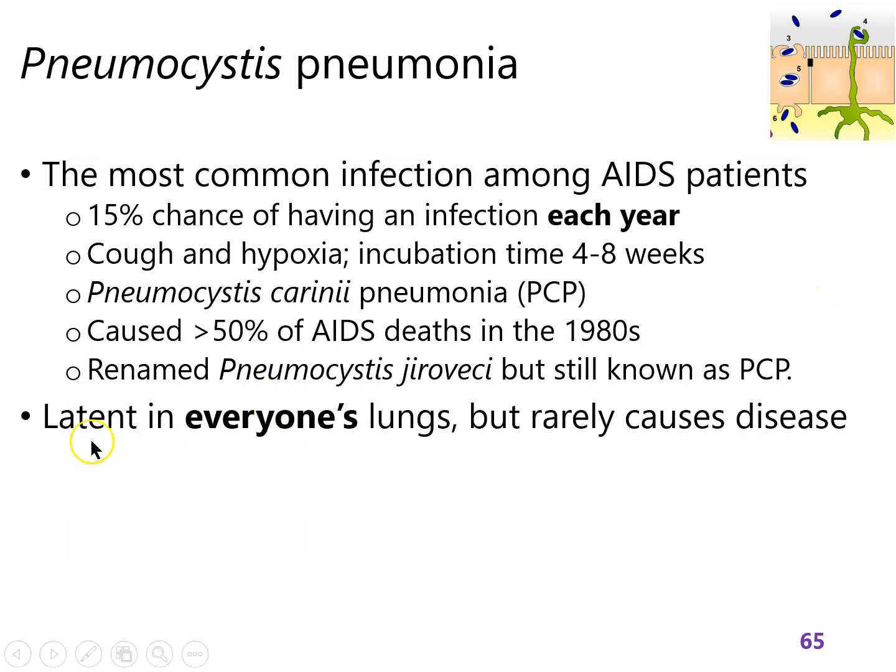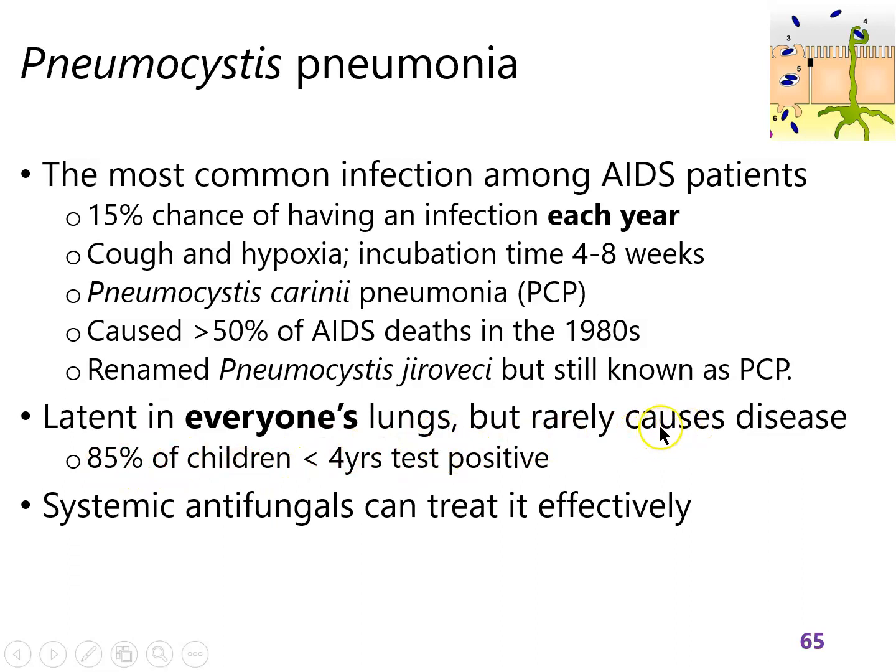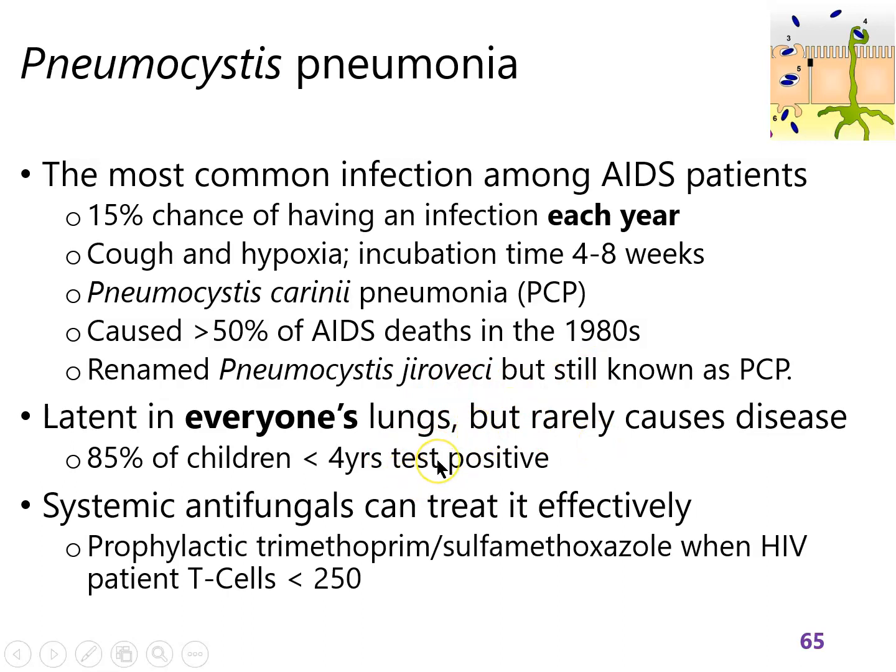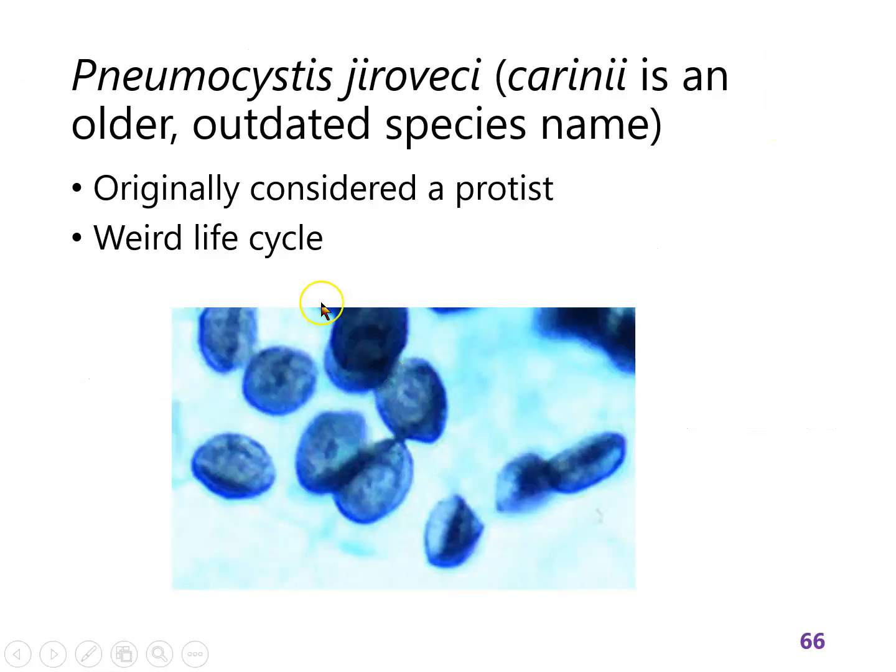So, like I said, it's incredibly common. It's in everyone's lungs, but typically doesn't cause disease. So most children have been exposed to it. But most children don't have pneumonia, right? So we can treat it. It used to be thought of as a protist because it has a weird life cycle. Doesn't matter. And its species name changed.